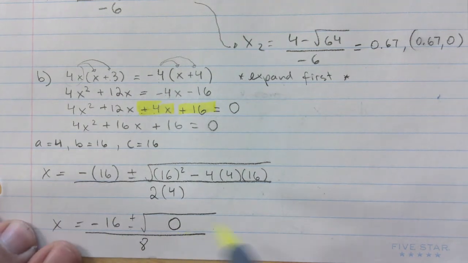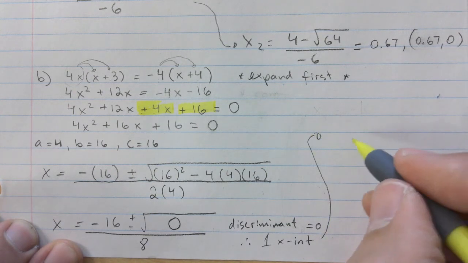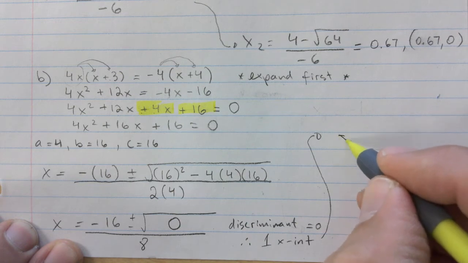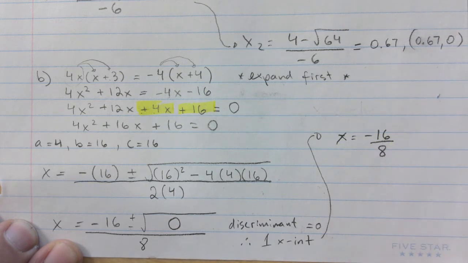So because the discriminant is 0, therefore 1 x-intercept. So all we have to worry about is x is equal to negative 16 over 8, right?